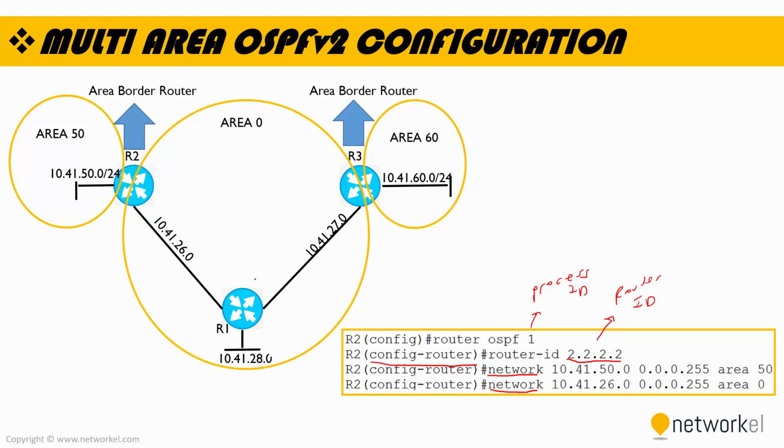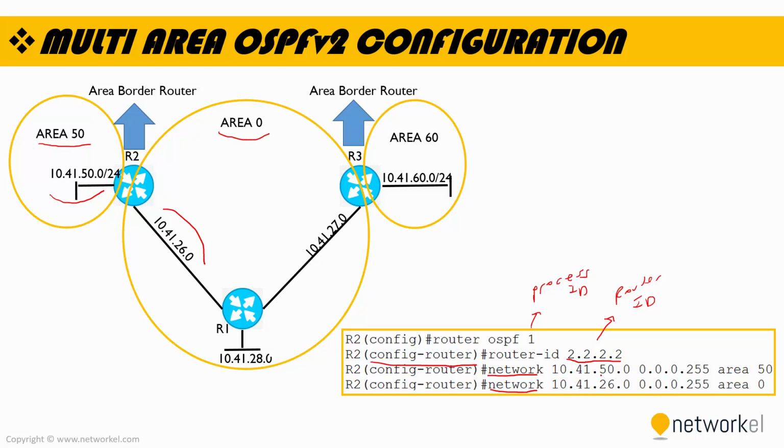We are on router 2, and as you can see, router 2 has two different networks to advertise. The first network belongs to area 50. The second one belongs to area 0.